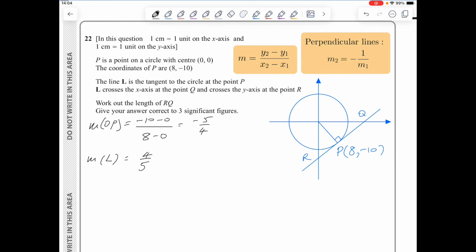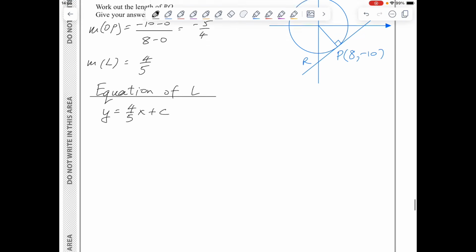So now I can find the equation of line L. So y is equal to m, which is 4 over 5, x plus c. I need a point on that line. The only one I know is point P. So let's replace x and y to find c.